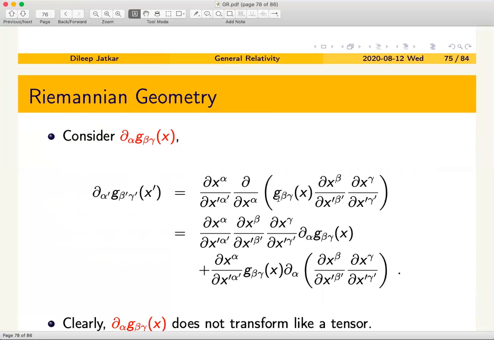But g beta prime gamma prime can be written in this form because it transforms like a tensor under this coordinate transformation. It's a second rank covariant tensor. So we use this fact that g beta prime gamma prime can be written in terms of g beta gamma in this particular form.